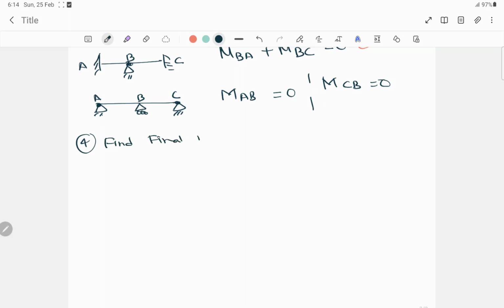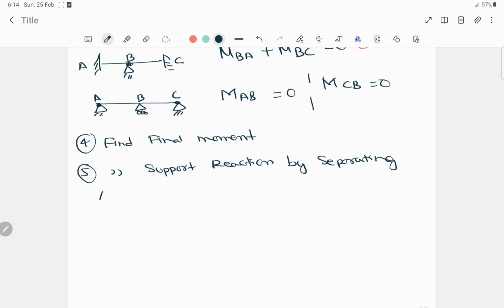The fourth step is to find the final moment, and the fifth step is to find support reactions by separating the spans, that can be AB, BC, CD.